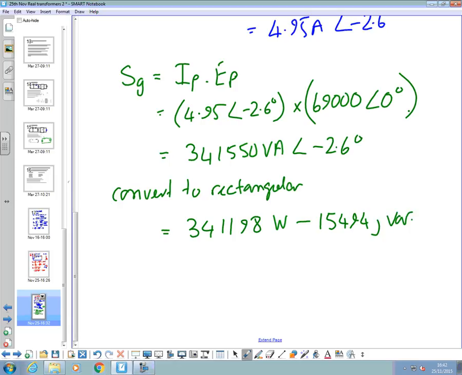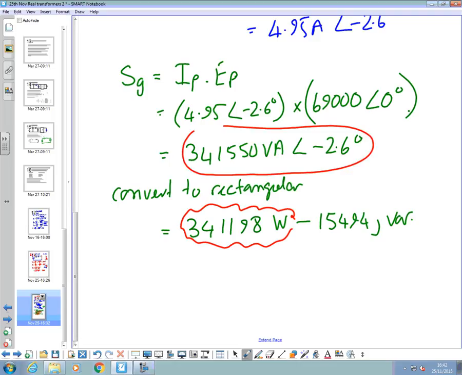What I'm saying there is, now we've turned that complex S into rectangular form, that bit is the power supplied by the generator in watts.